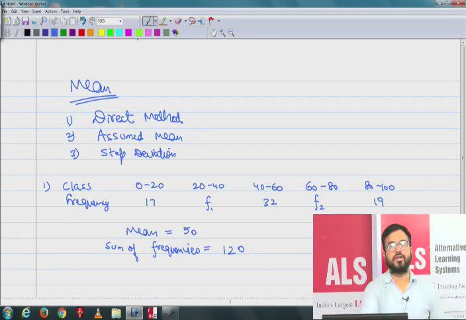Do it very carefully. Two unknowns are there, which means you have to frame two equations, and by solving those two equations you will get the answer.